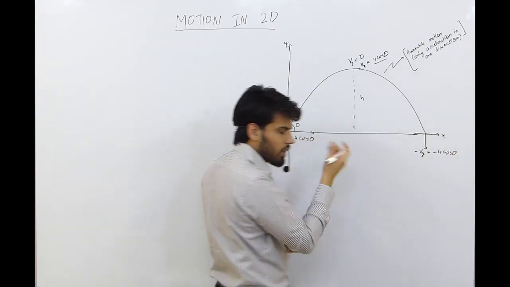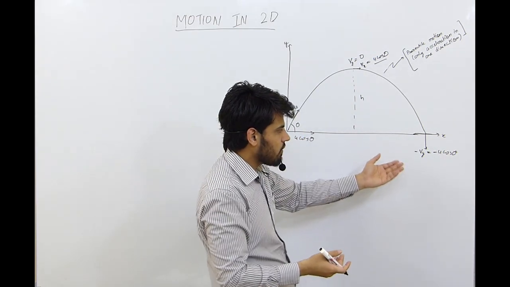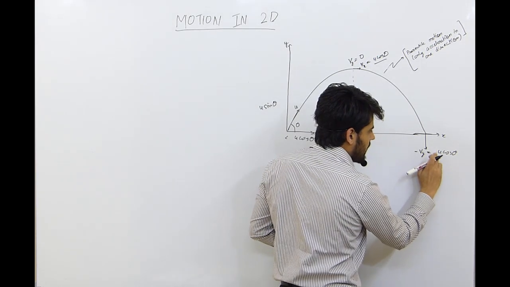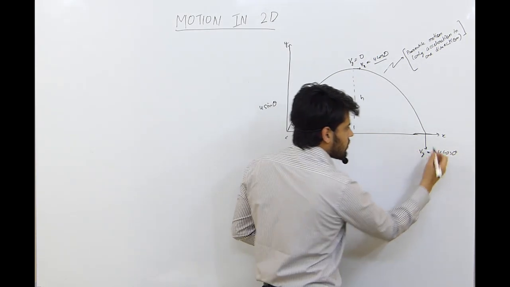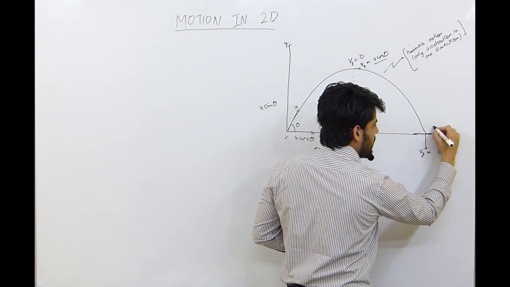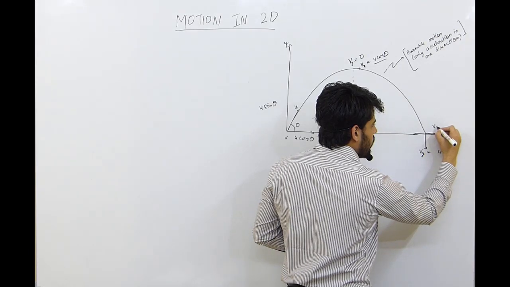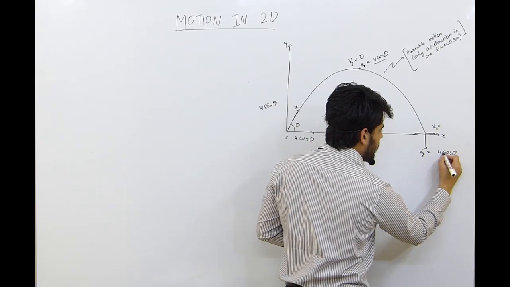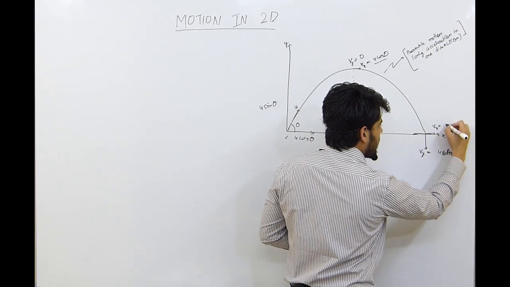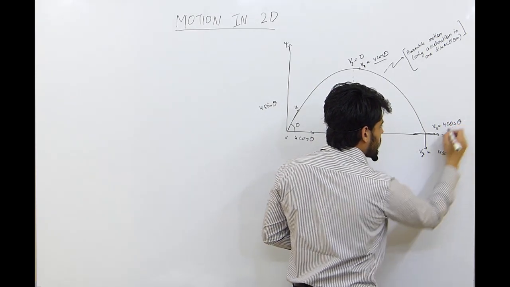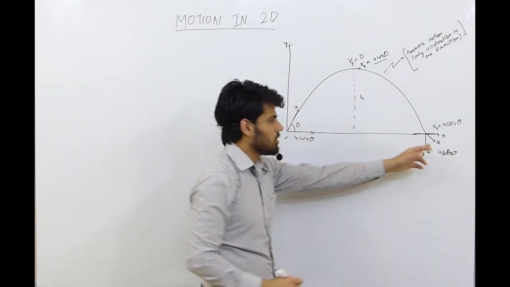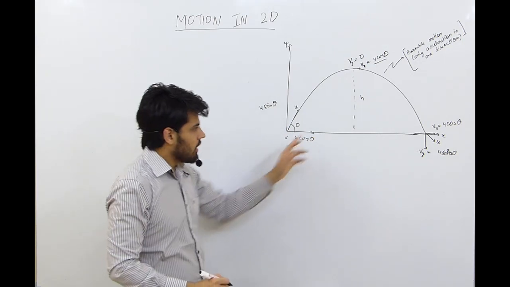If you want to consider the direction, then take negative, or for basic understanding I'll try to not take the negative signs. vy is u sin theta and in the x direction vx will be u cos theta. Again, if you resolve this, it comes out to be u, the same as the initial velocity.